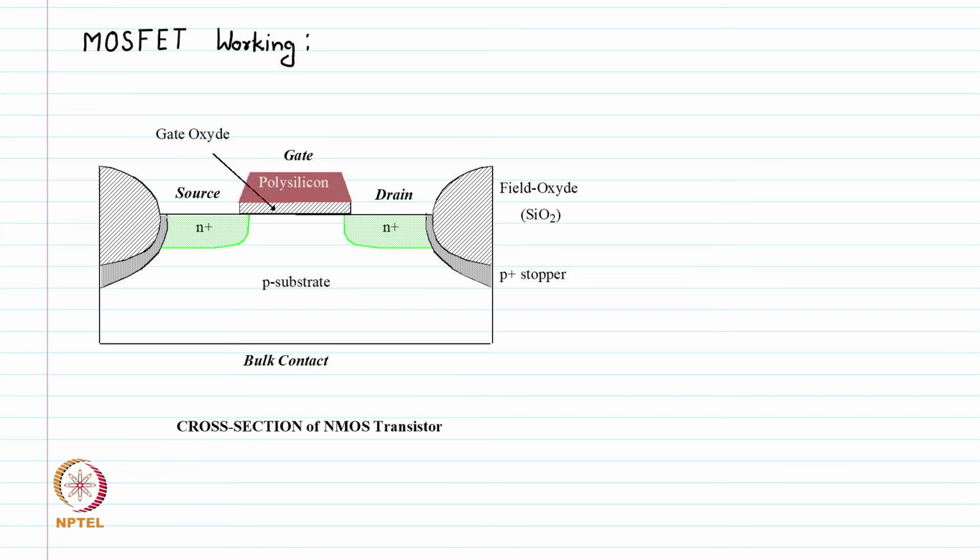Here we have the gate, which is a polysilicon gate. So this is the gate terminal, which is made up of polysilicon, and below this, if we closely see, we have a certain gate oxide region. This is a very thin layer of oxide, which is an insulator, and this is sitting on the p-type substrate here. This is complete silicon substrate which is doped with p-type impurity.